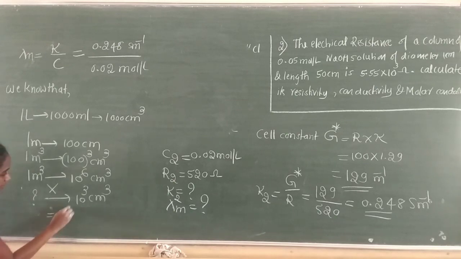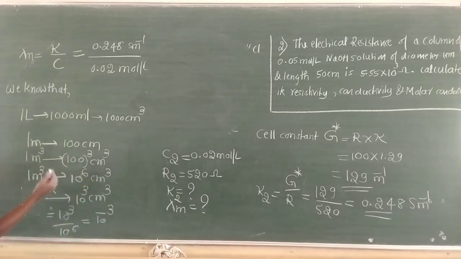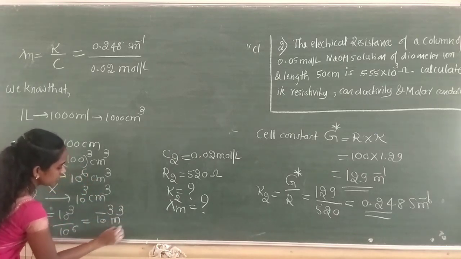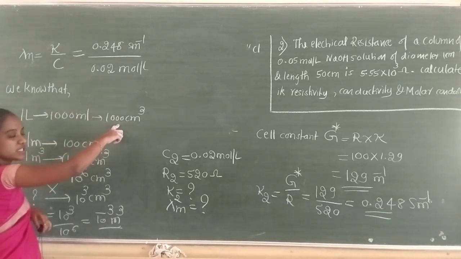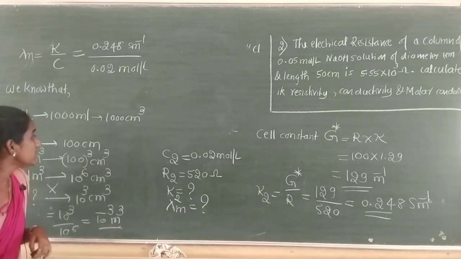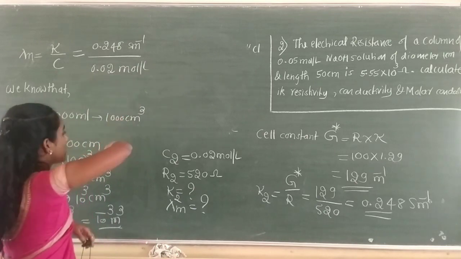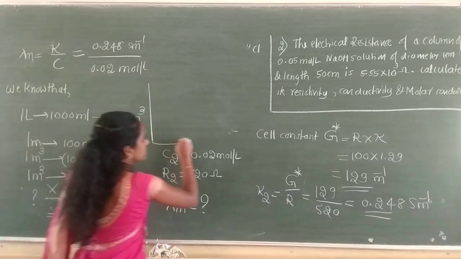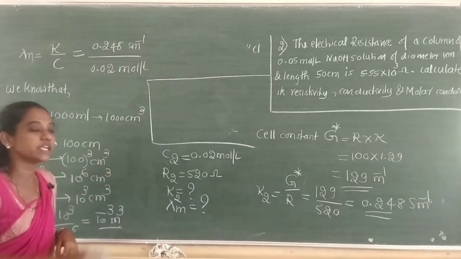We get 10 to the power 3 divided by 10 to the power 6, which is equal to 10 to the power minus 3 meter cube. That means 1 liter, which is equal to 1000 cm cube, is equal to 10 to the power minus 3 meter cube. So now before substituting, I'll directly convert the concentration in terms of meters.